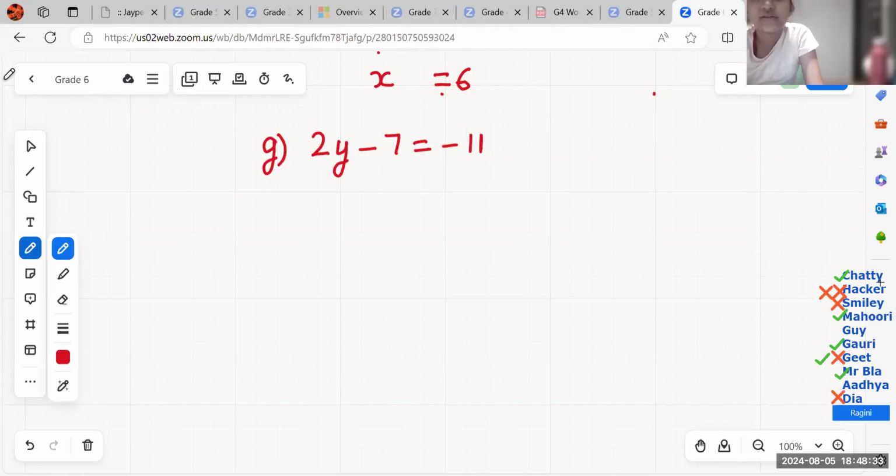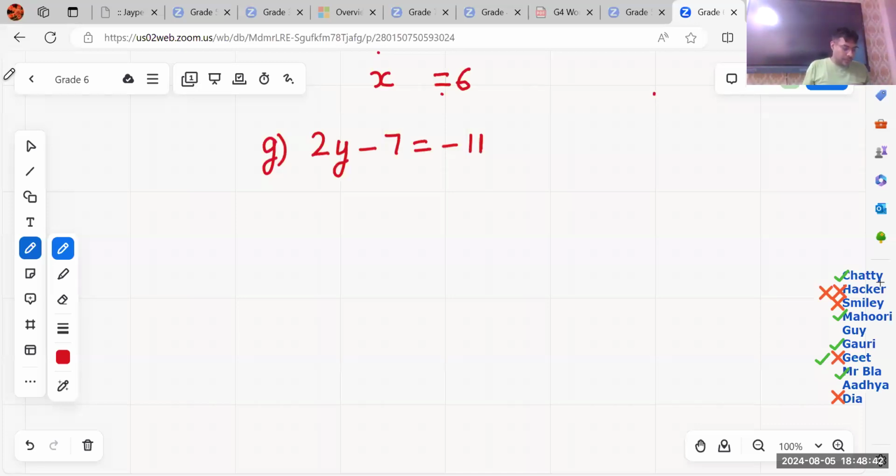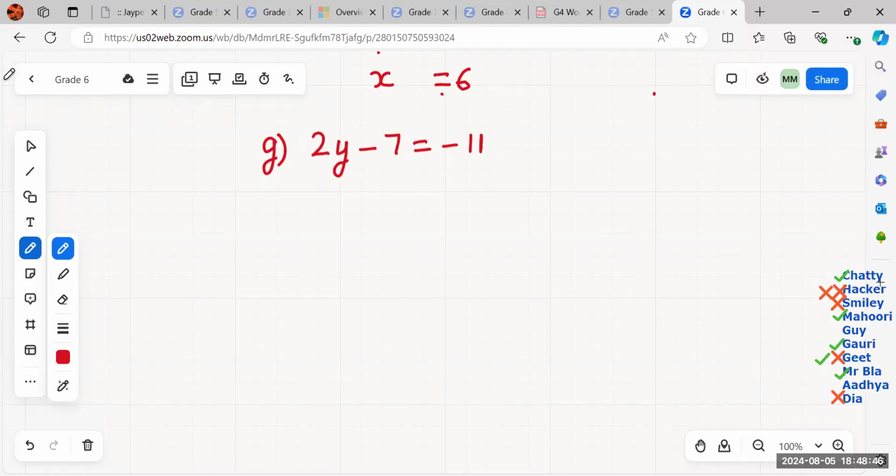So you're talking about Smiley. From algebra. Which exercise and which question? So I'll get the book, just 1 second. So I'm sending.